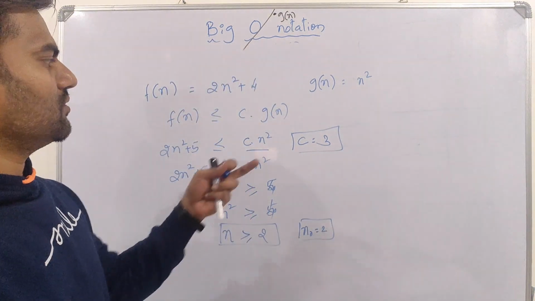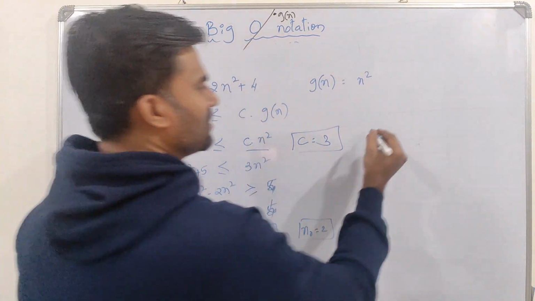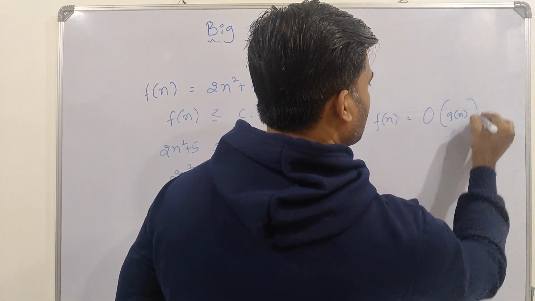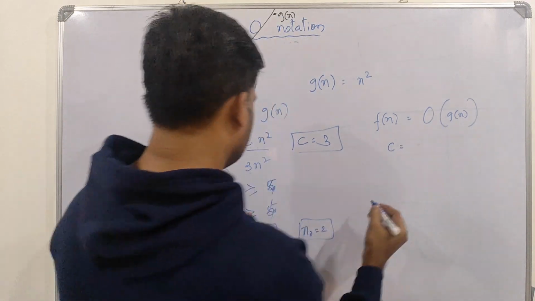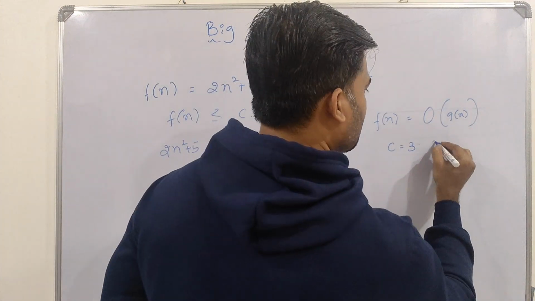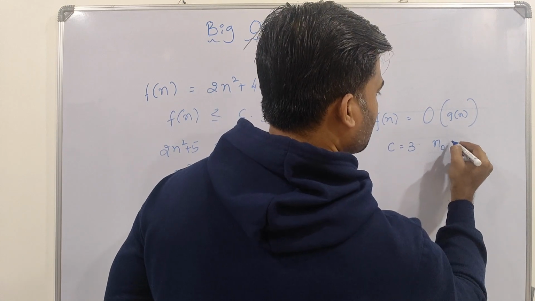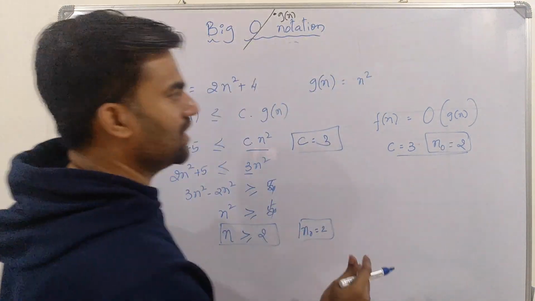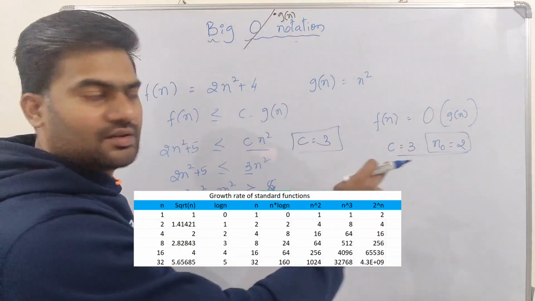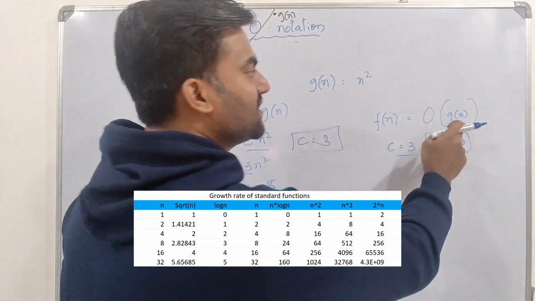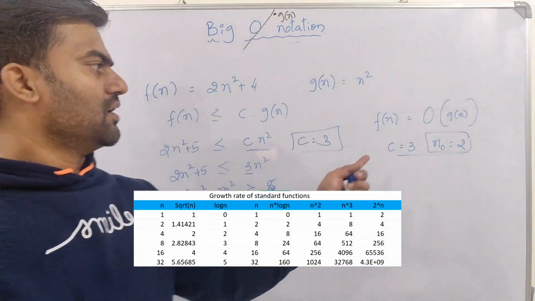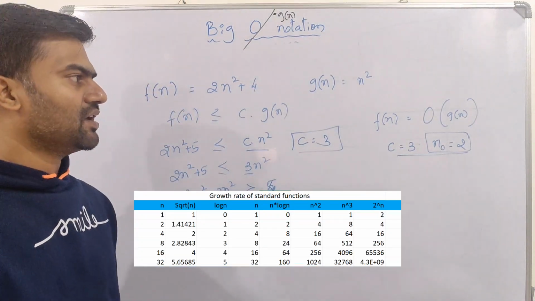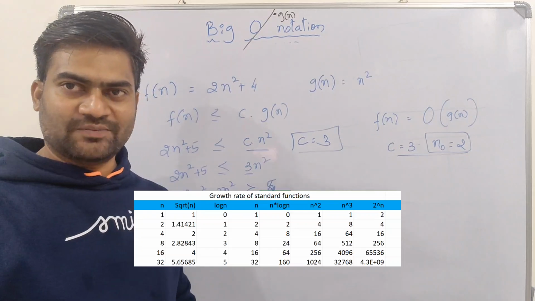According to the formula, this function f of n is big O of g of n for c equal to 3 and n naught equal to 2. So for all the values greater than 2, g of n is always greater than f of n. So this gives the worst case running time of this particular function f of n. That is what we can understand through this example.